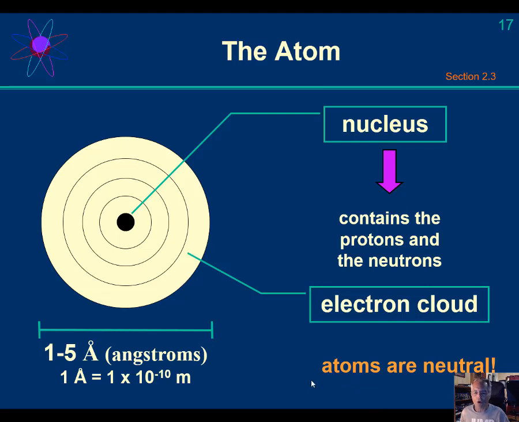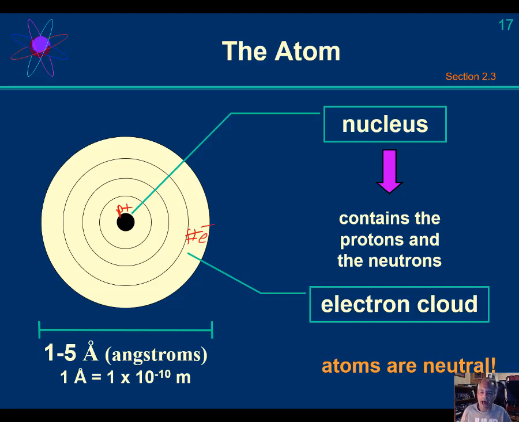Now, atoms are neutral species. Protons have positive charges, and they're located down here in the nucleus. So however many protons you have in the nucleus, if you were talking about an atom, you have to have the same number of electrons surrounding the nucleus.